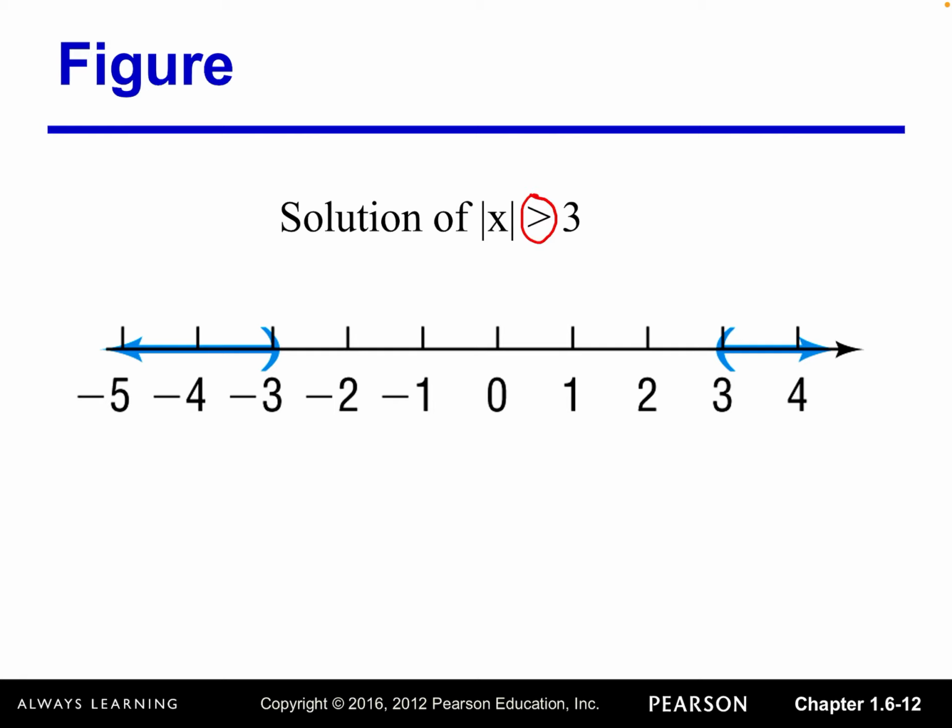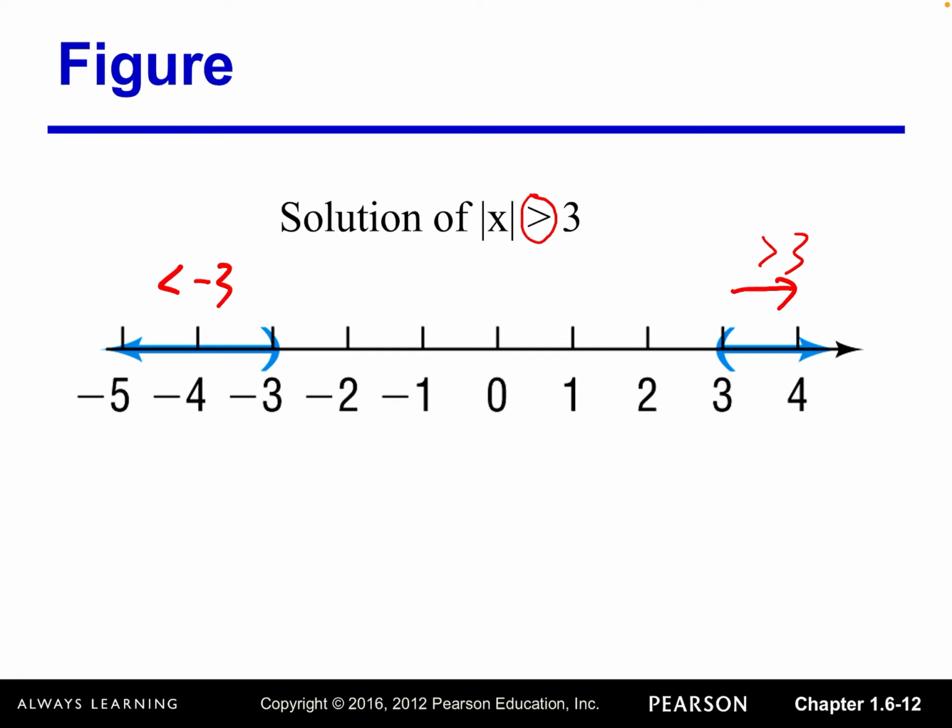So you have two cases. In the positive direction, it will be greater than the positive of that number. In the negative direction, it should be less than the negative of that number. Greater than positive, less than negative, so that's in the opposite direction.